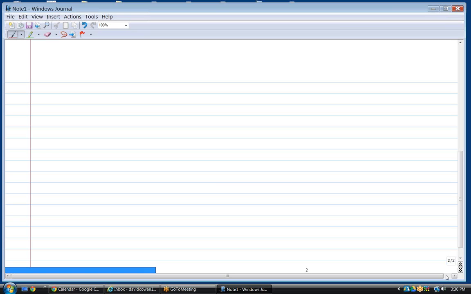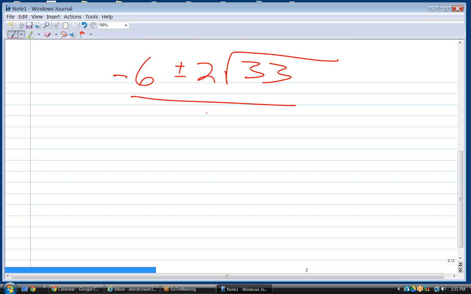This one says, determine the nature of the roots of the quadratic function that has the following values in quadratic formula. And the function is -6 plus or minus 2 root 33 all over 6.